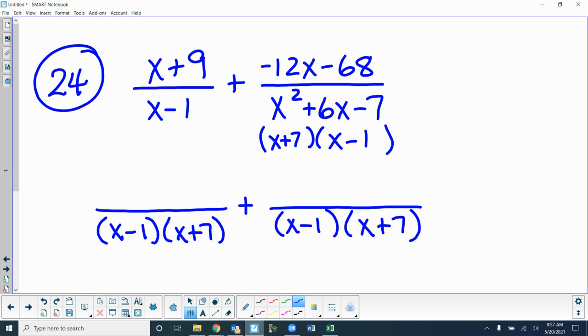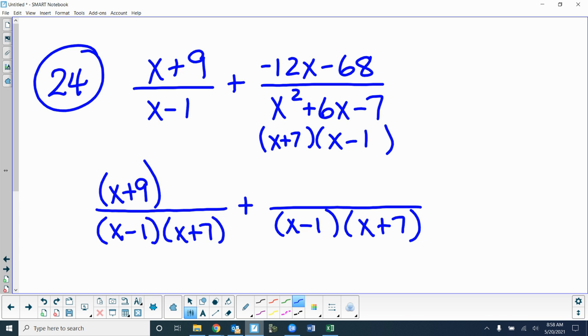So, what do we got to do to my x plus 9? What do I have to do to x plus 9? Add it to the other numerator. Well, I can't add them until I do what to them? Yes.